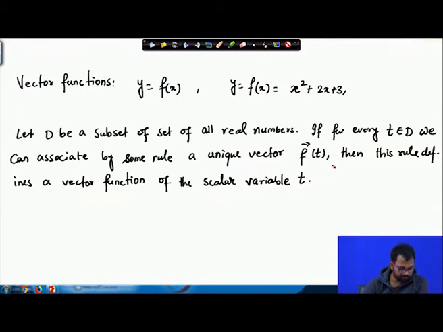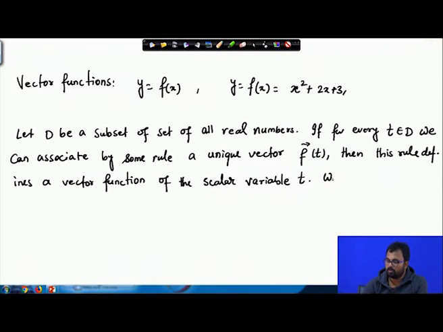So, f can be called a vector function. Since a vector quantity has 3 directions, i, j and k, with the help of i, j and k we can write a vector. Here this vector function f of t can also be represented with respect to those unit vectors i, j and k.